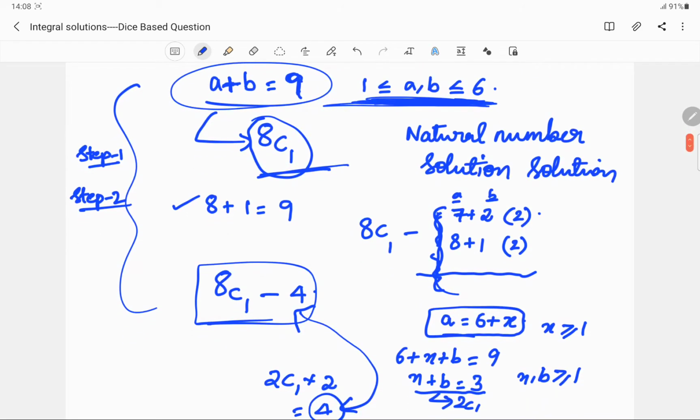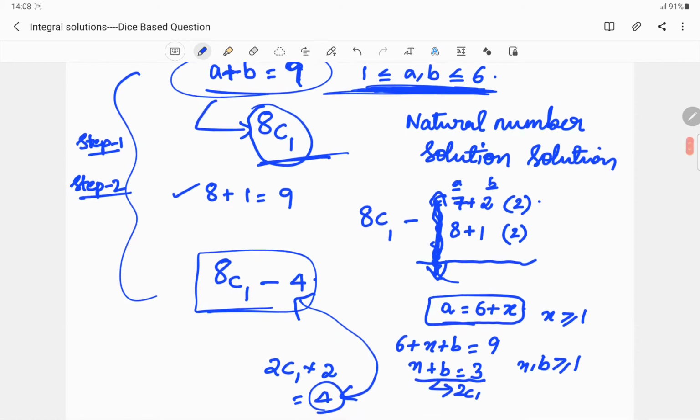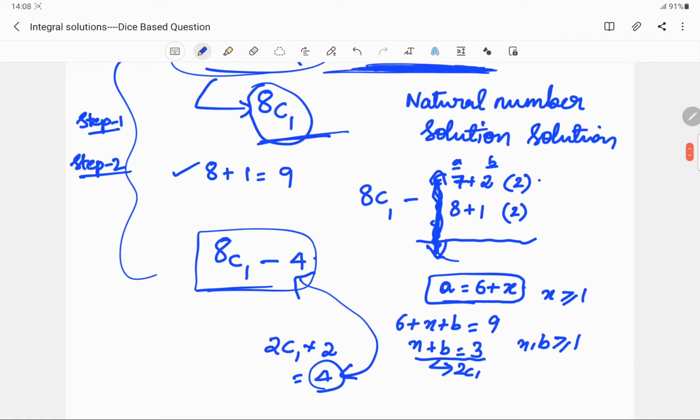So in order to avoid listing down all these cases, we have assumed a to be greater than 6 by some value. So we have put a as 6 plus x, substituted that value of a, and got the equation x plus b equals 3, and we already know that x and b are greater than or equal to 1.